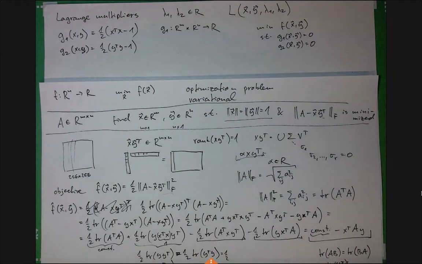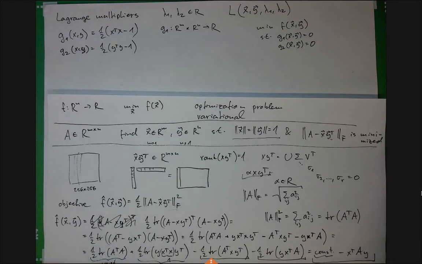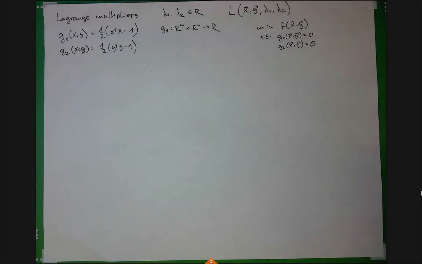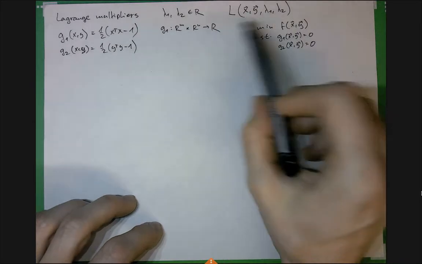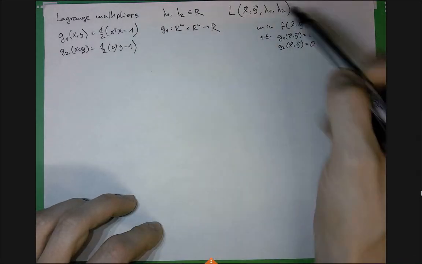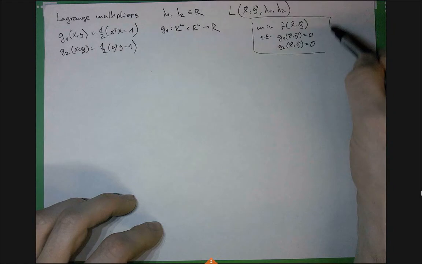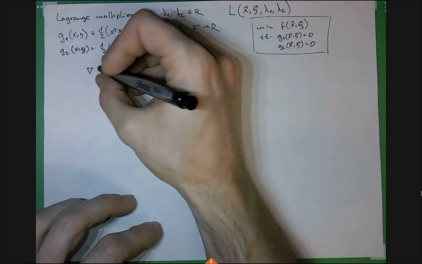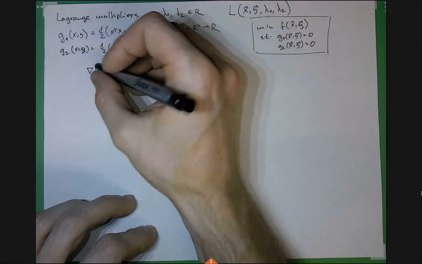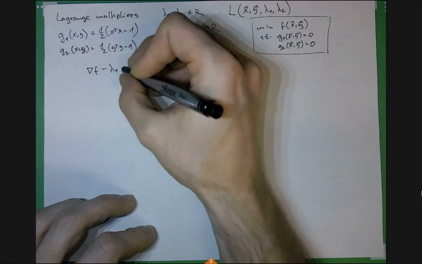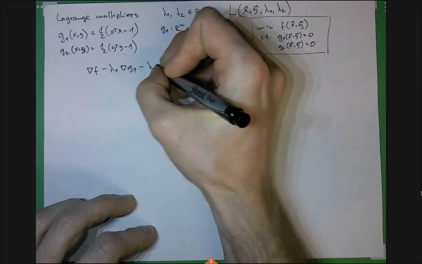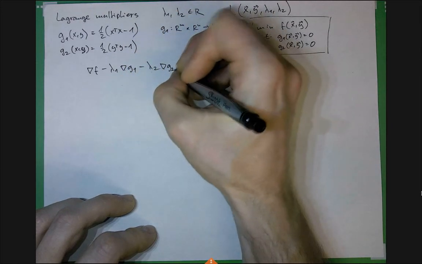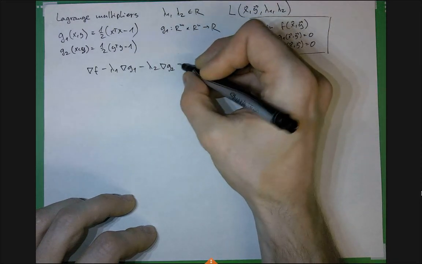That's just a very trivial reformulation of the problem, right? And what the Lagrange multipliers tell us is that the critical points of this constrained optimization problem have to satisfy the following equation: the gradient of f minus lambda 1 times the gradient of g1 minus lambda 2 times the gradient of g2 must be 0.